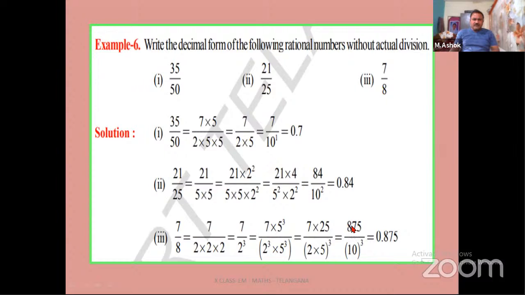Now 875 by 10 cube. Cube means you have to put the decimal point after 3 digits towards the left side. So it is 0.875. In this way, you have to write the decimal form of a rational number without doing the actual division.